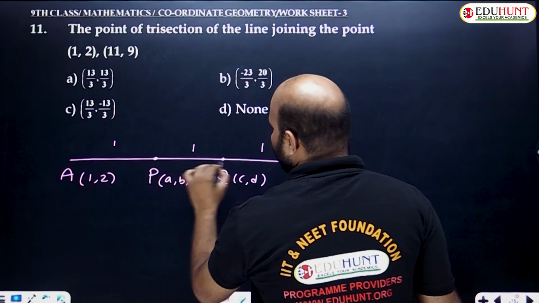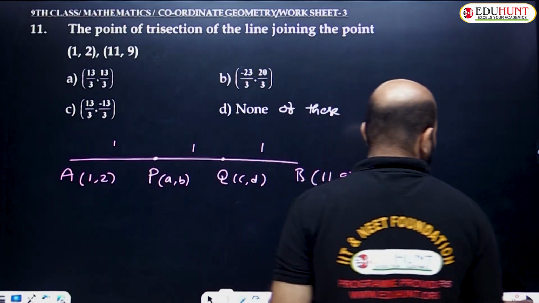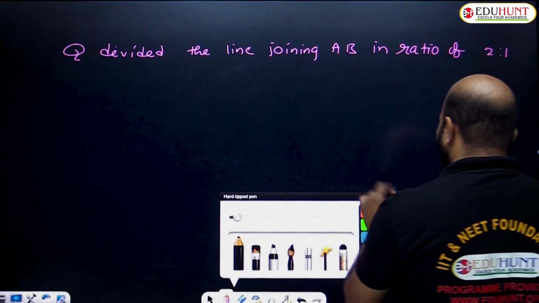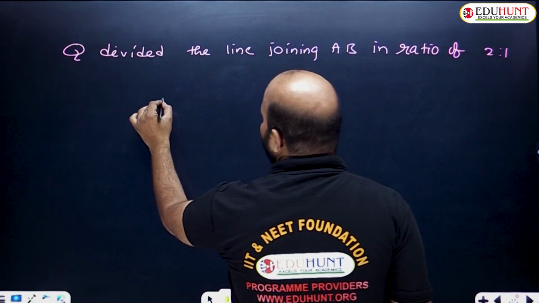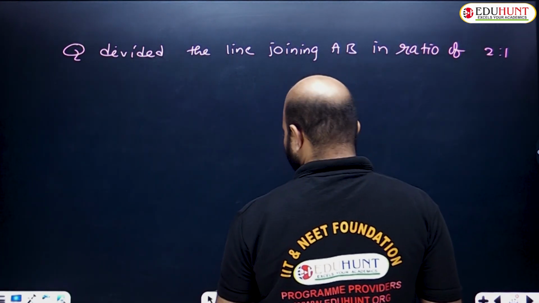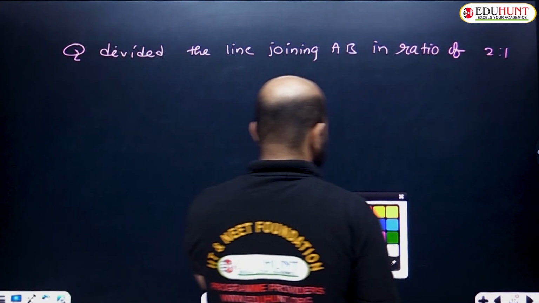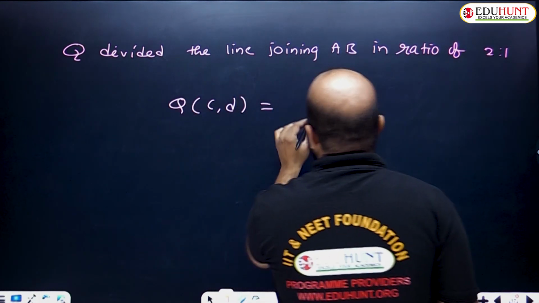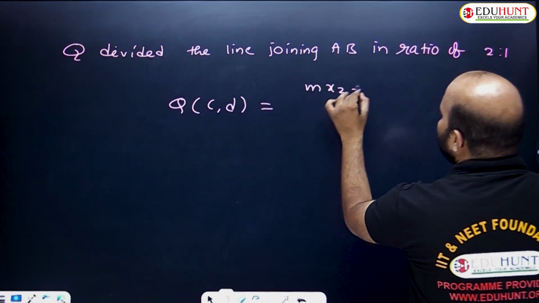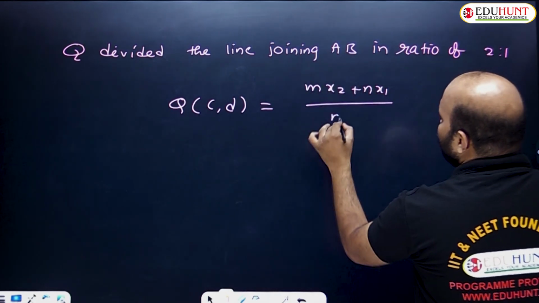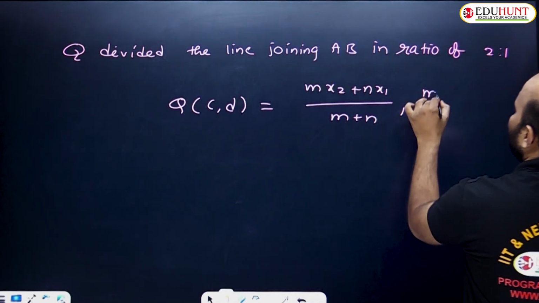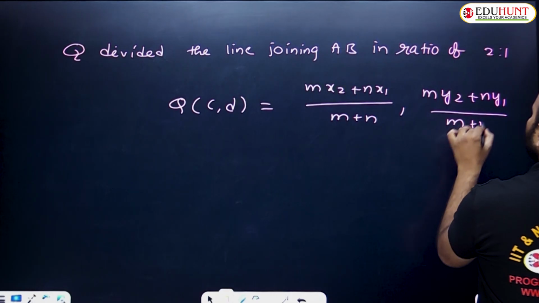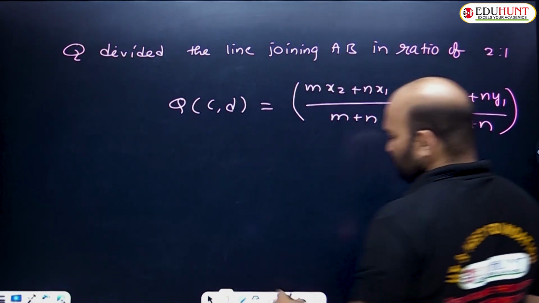This is A to Q, 1 plus 1, 2, and Q to B. So by using the section formula, how will we get the Q coordinates? Let me take Q coordinates as (c, d) equals, what is the section formula? M x2 plus n x1 by m plus n, comma, m y2 plus n y1 by m plus n. This is the Q coordinates.